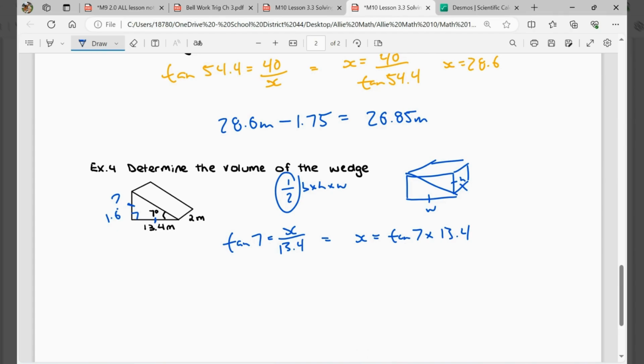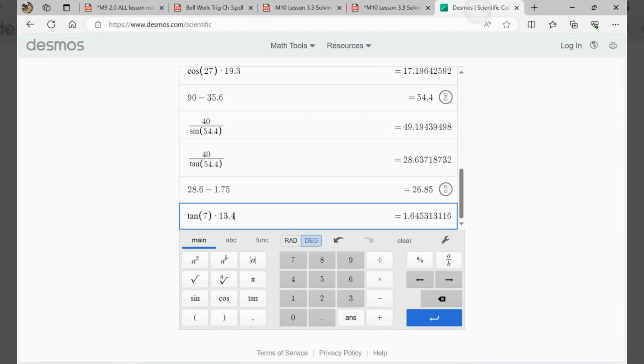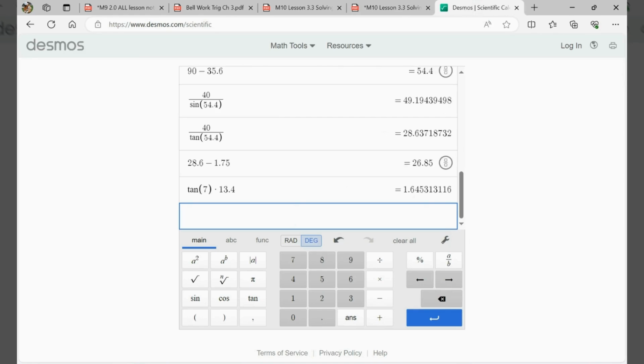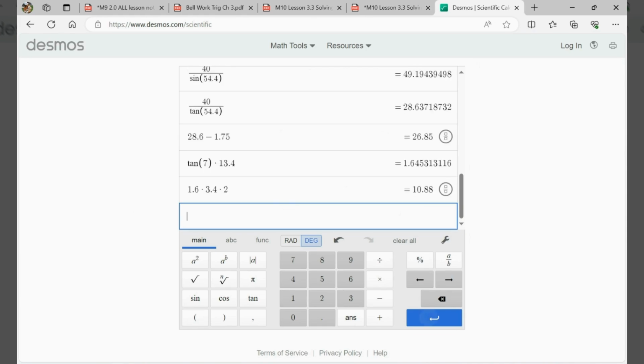And now we can determine the volume of this wedge by our formula, half of 1.6 times 13.4 times 2. So I'm going to do 1.6 times 13.4 times 2, which is 10.88.